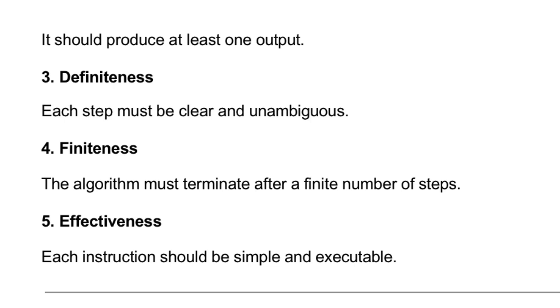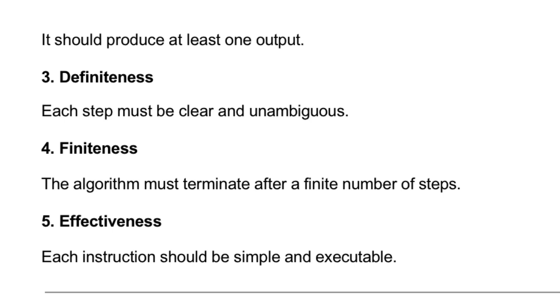Addition of a and b means add. "Process the numbers" is an ambiguous instruction, and "add a and b" is unambiguous. So every algorithm must have definiteness. This is the third characteristic of an algorithm.